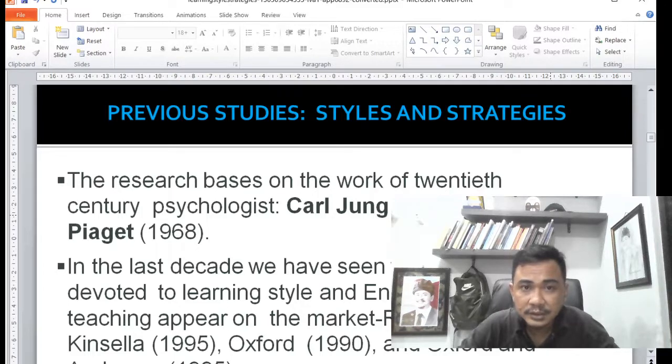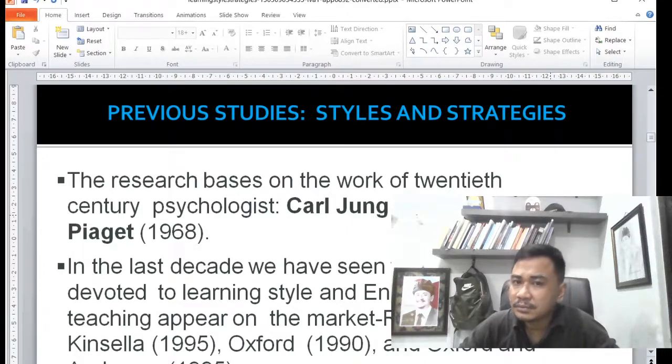There are at least two prominent figures from psychology who influenced this idea of studying styles and strategies in education.